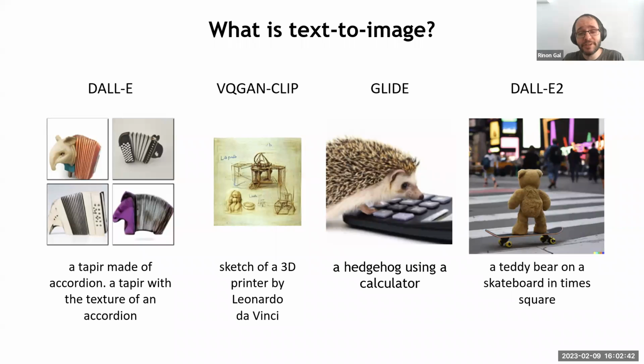And these things are pretty insane, right? And their compositional understanding is really phenomenal, but there's something missing here, right? What if we wanted to use this amazing power to generate an image of a specific subject, right? What if we wanted not just any teddy bear on a skateboard in Times Square, but our personal childhood toy?